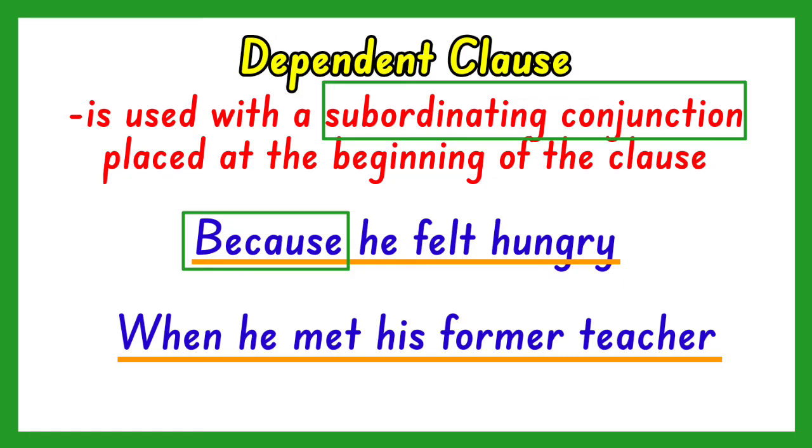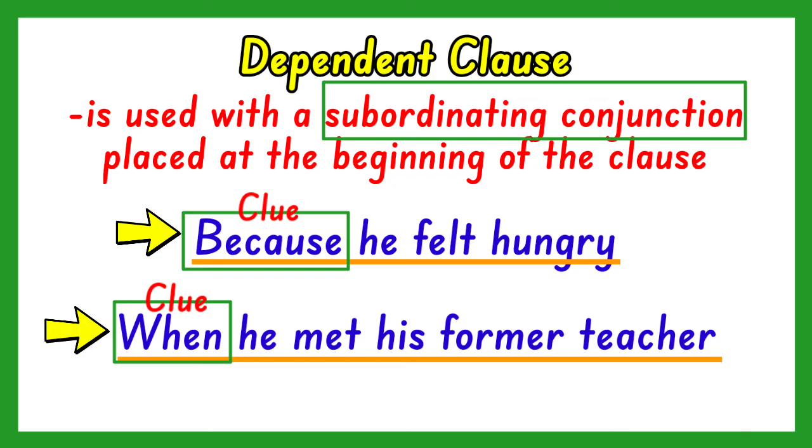The subordinating conjunction used in this dependent clause is when. As we can see here, a subordinating conjunction serves as our clue in finding a dependent clause in a sentence. We just have to look for the conjunction, and that's it. We already know where the dependent clause is.